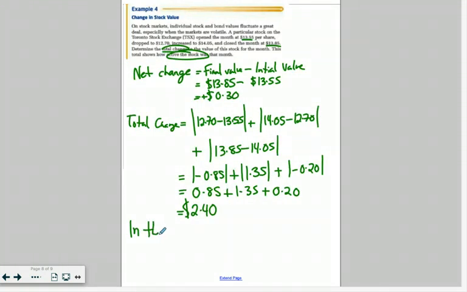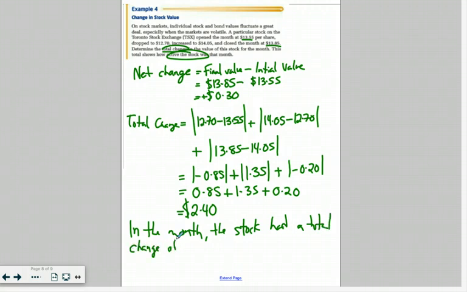So in the month, the stock had a total change of $2.40. So that's how much it moved.